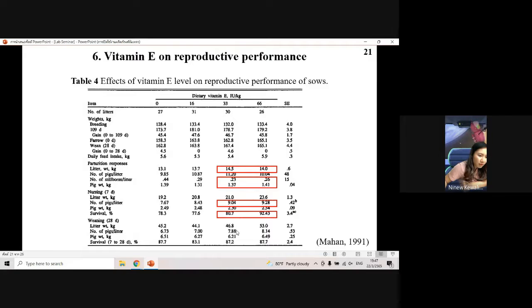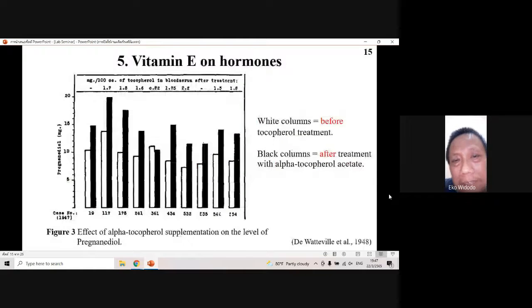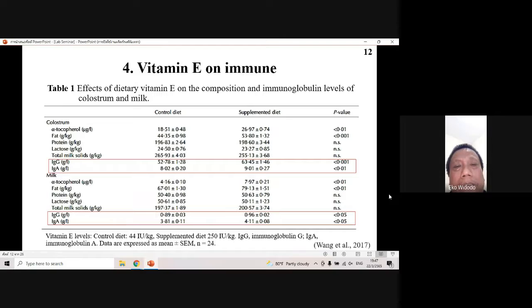Okay. Because in your presentation you said that the milk produced has higher IgA, so that's why I'm asking you about the mortality. Is it also related to the mortality? You mean the IgG and the IgA?